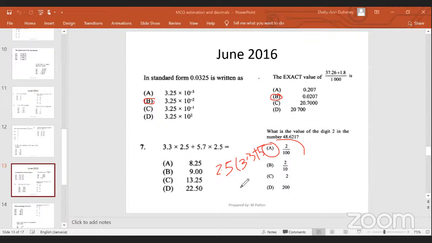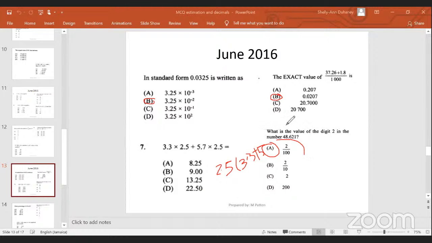What I want you to bear in mind is that if we have problems multiplying decimals, we can always change it to a whole number. But then when we get the answer, we count the decimal places and put the point where the number of decimal places says it should be. So we can change this 3.3 to 33, and it goes for all of the other decimal numbers.